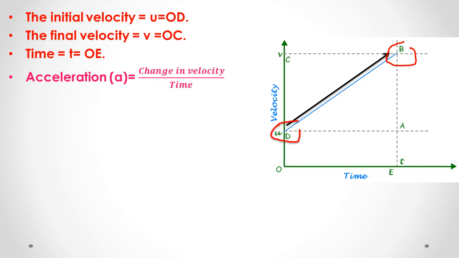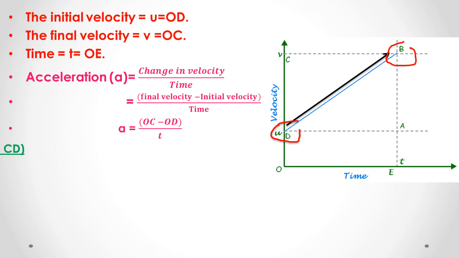So the formula is a equals change in velocity upon time. So what is change in velocity? Change in velocity is nothing but final velocity minus initial velocity upon time. So in the third step we can see a equals, what is our final velocity? It is indicated by OC, and initial velocity is our OD, upon time t. Okay, therefore CD equals at, and this is our equation number 1.